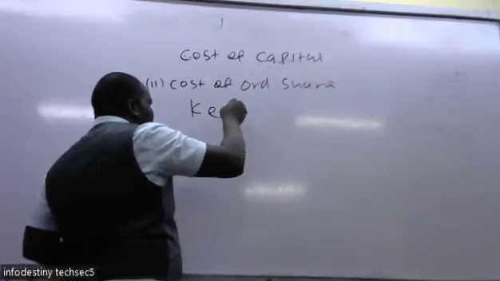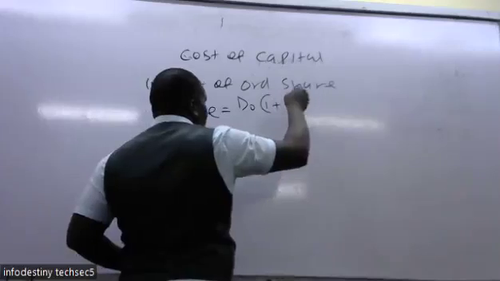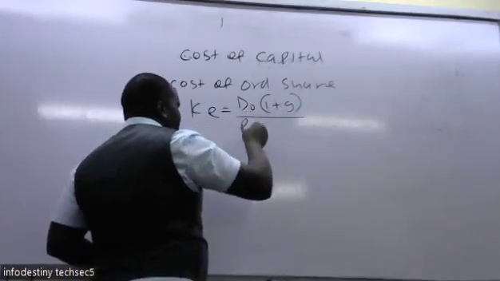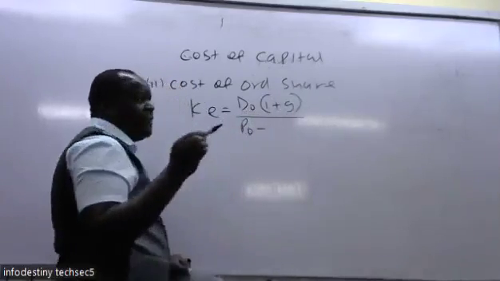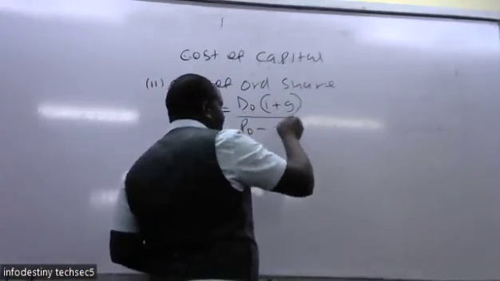The same format, D0 in the brackets of 1 plus G divided by P0, but now we factor in the flotation cost.